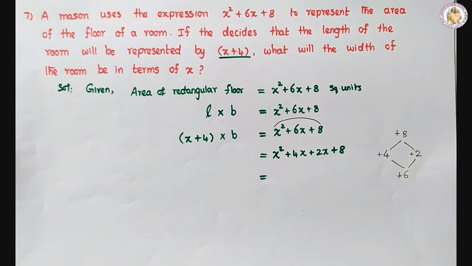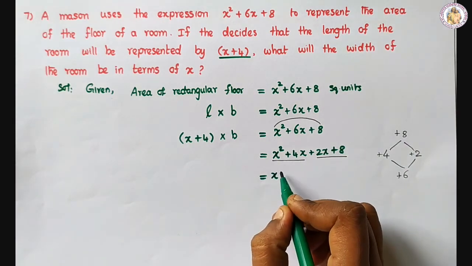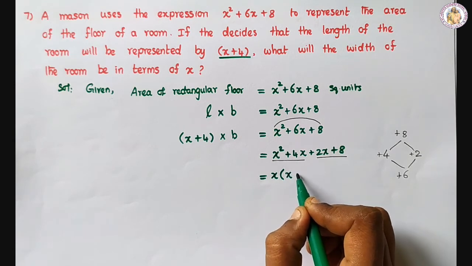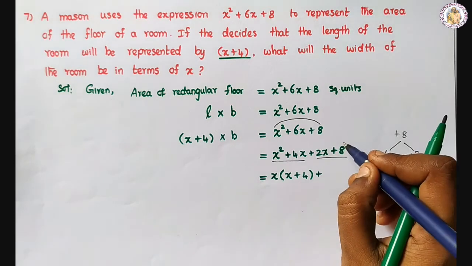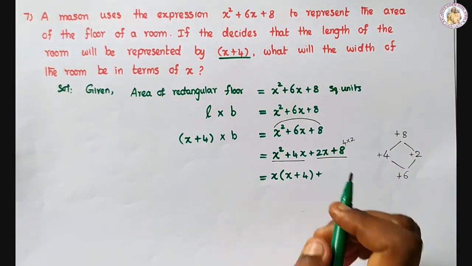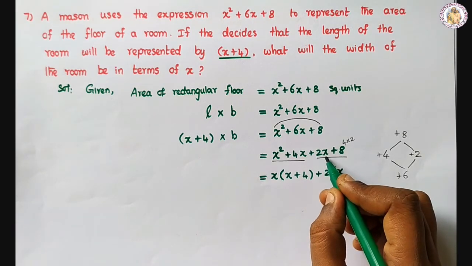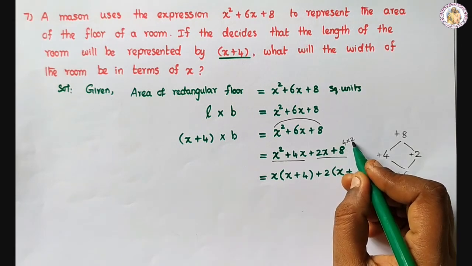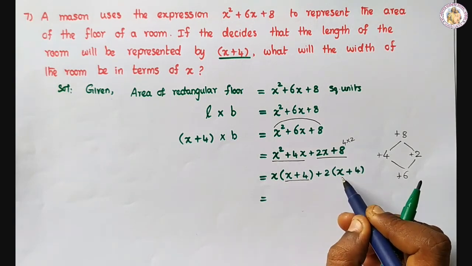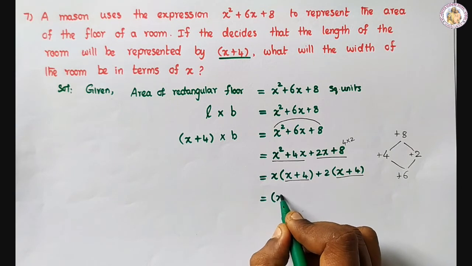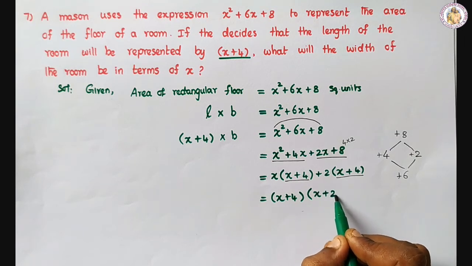Take the first two terms and the second two terms. Here x is common, so take it out. What is remaining here? x plus 4. And 8 can be written as 4 into 2, so in both terms 2 is there; take it out as common. What is remaining here? x plus 2 is taken out, so 4 is there. In both terms x plus 4 is common, so take it out: x plus 4 into the remaining x plus 2.